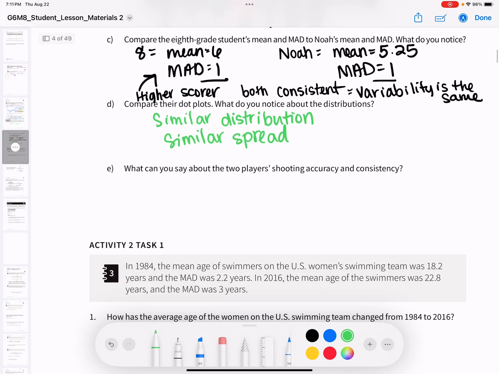What can you say about the two players' shooting accuracy and consistency? So the 8th grader has a higher mean, so on average, he shoots more accurately than Noah. So that means he's more accurate.